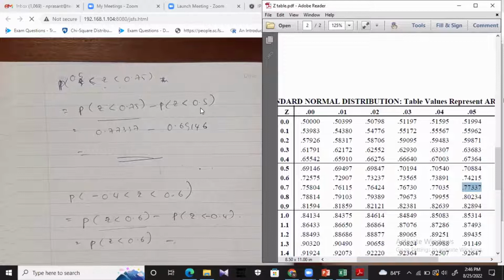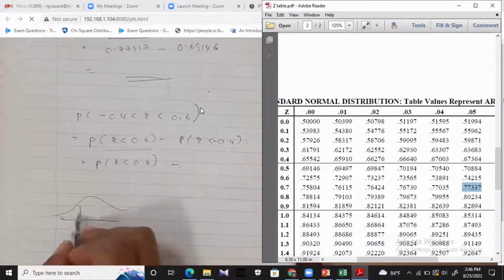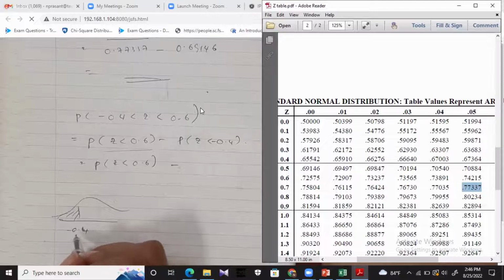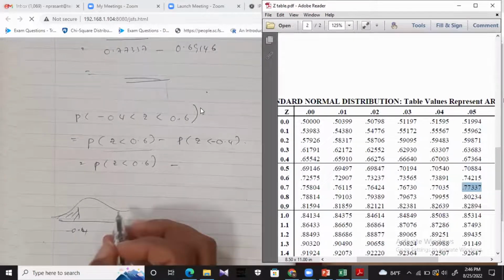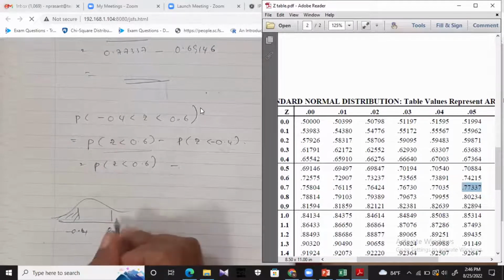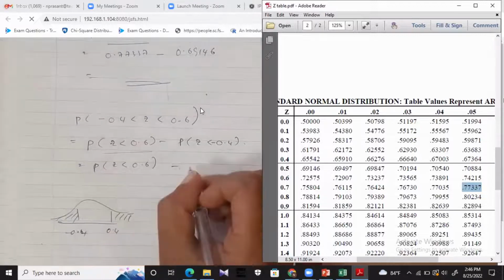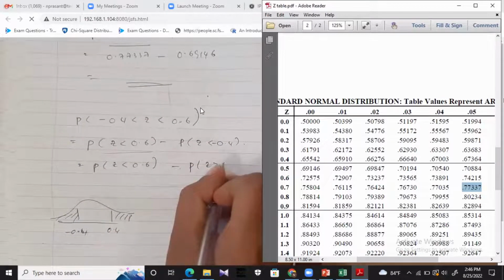Z less than minus 0.4 is similar to Z greater than 0.4. So I'm writing Z greater than 0.4.